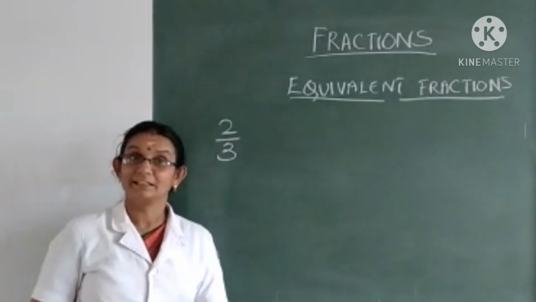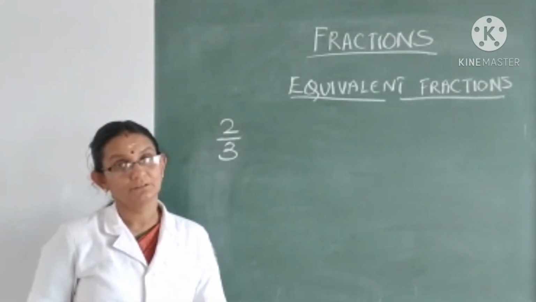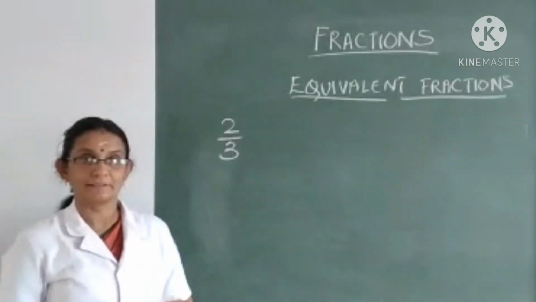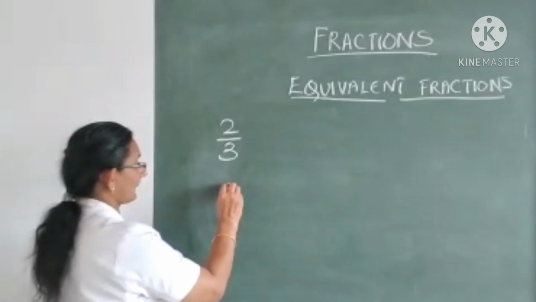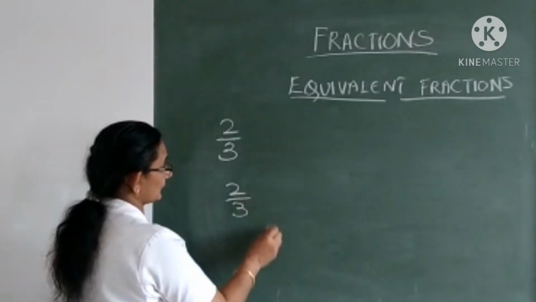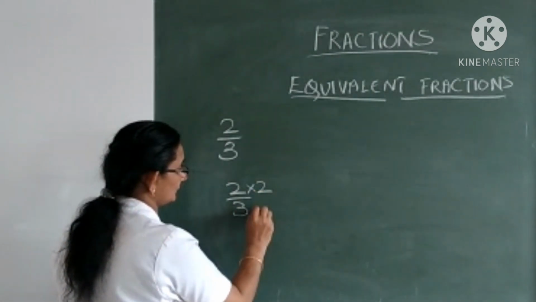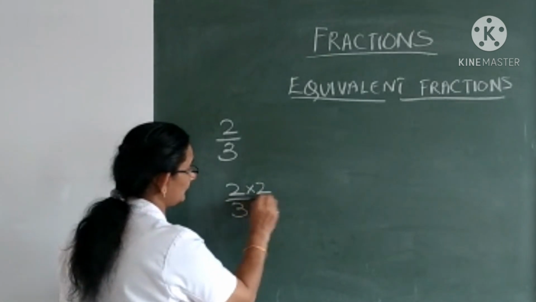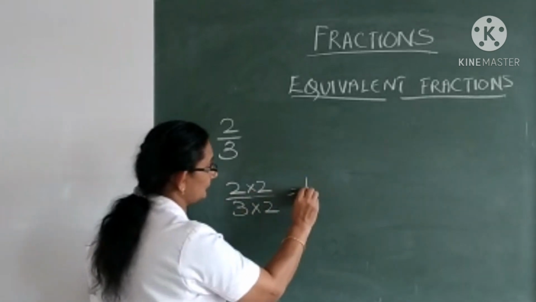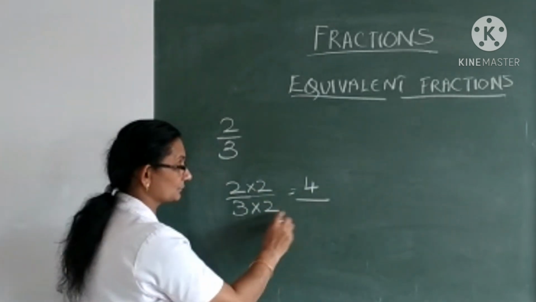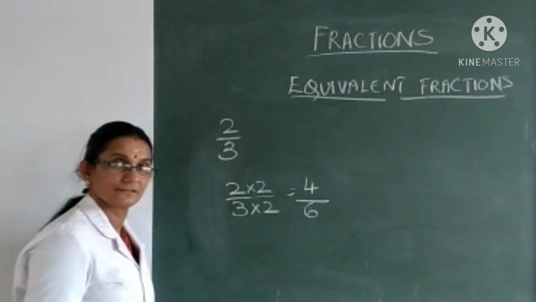Now let us find the equivalent fraction for the fraction 2 by 3. Okay? So first let us multiply 2 by 3 with 2 in the numerator and denominator. So what is it? 2 into 2 is equal to 4 and 3 into 2 is equal to 6.